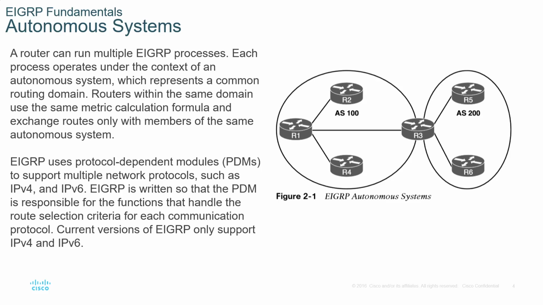Well, we use a system of protocol dependent modules, PDMs, that allows EIGRP to be modified to suit the protocol being transported. So at the moment it's IPv4 and v6, but you could rewrite a new PDM to support another protocol in the future.